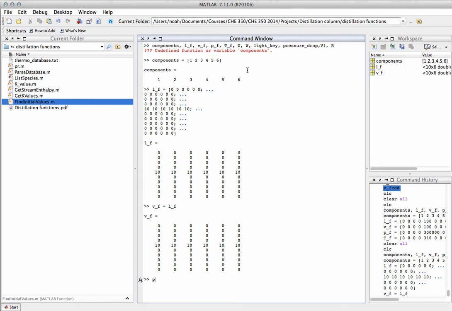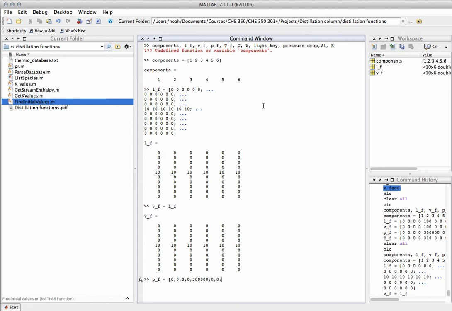So let's set up PF. Let's say that at my single feed stage, my fifth stage, I'm going to have a pressure of 300 kilopascals. So the units on PF are pascals, and each row is going to be 0 except for the fifth row. 1, 2, 3, 4. And the fifth row is 300 kilopascals.